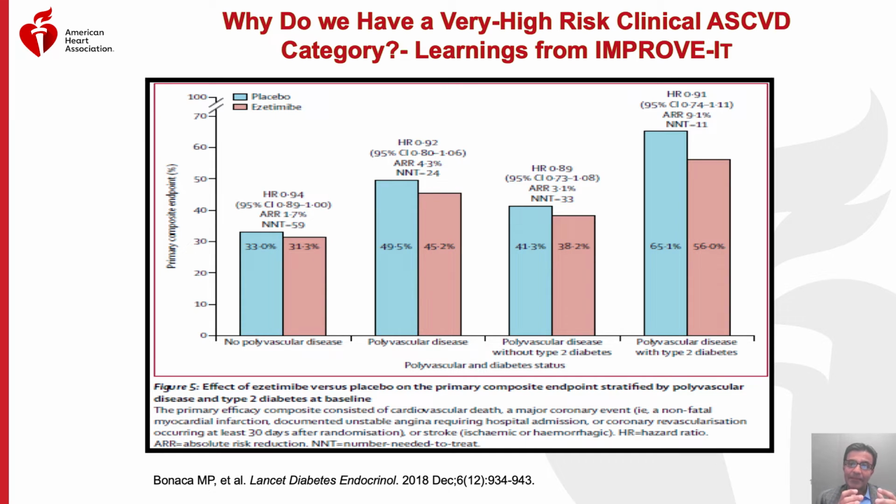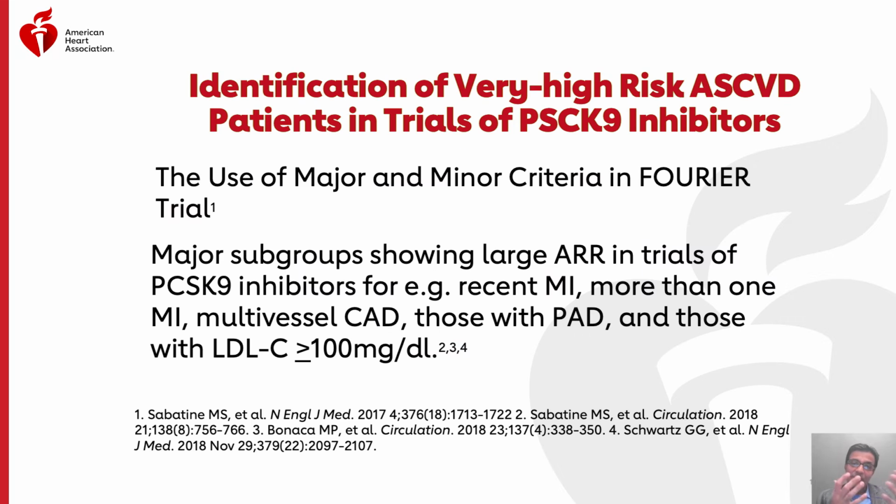And again, saying that when patients have these other risk factors or risk markers, they have high risk of having a recurrent event, and therefore they derive a much larger absolute risk reduction by giving therapies on top of statin therapy. So you can identify patients who are going to derive more benefit by using a non-statin therapy. If you look at PCSK9 inhibitor trials, I just showed you data related to the use of ezetimibe.